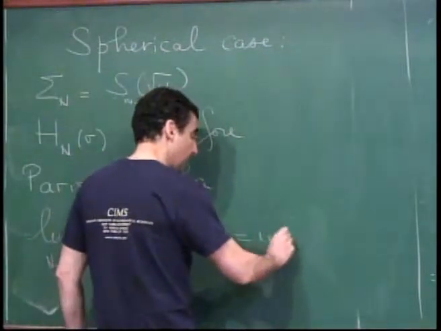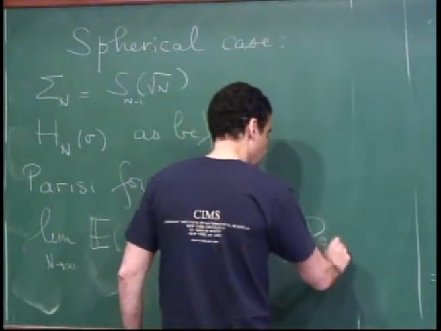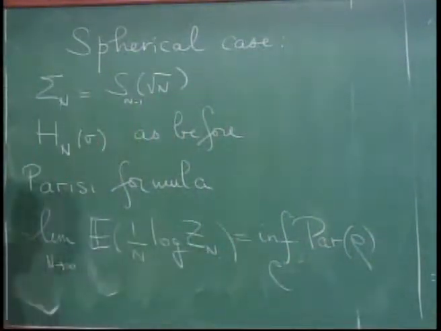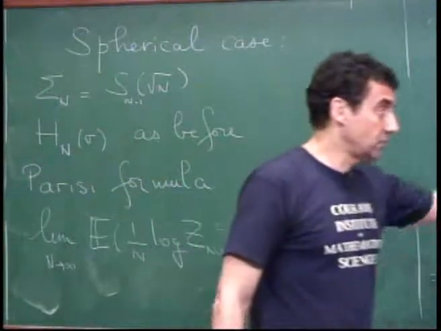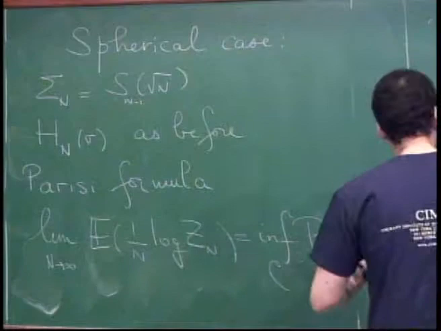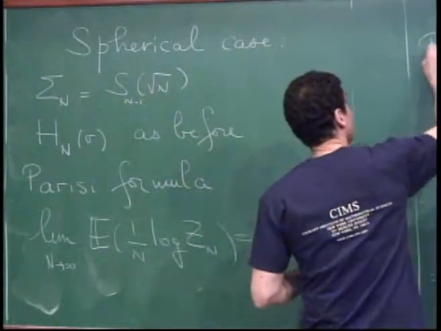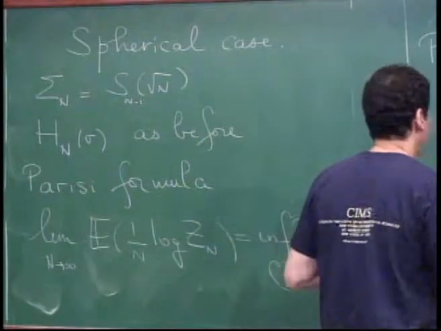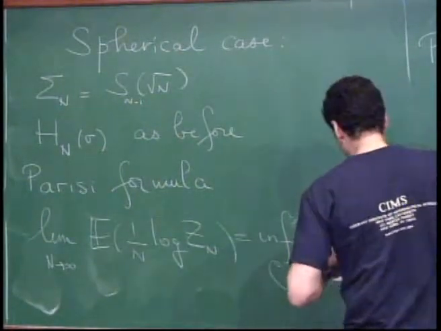is the infimum of some Parisi functional of rho, where rho is a probability measure. I just have to describe what the Parisi functional is. And here, we could have an expression of the same nature, but as I said, there's a much easier thing. So the Parisi functional of a distribution, let's say I say rho, or I could say zeta.